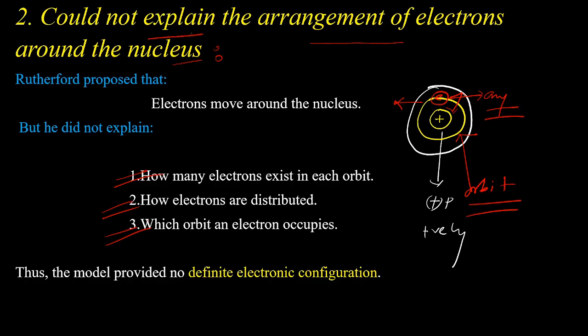So Rutherford's atomic model only proposed that electrons move around the nucleus in any circular path, but it could not explain the arrangement of electrons around the nucleus.